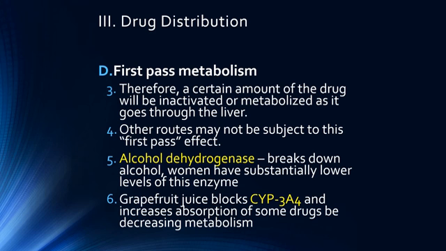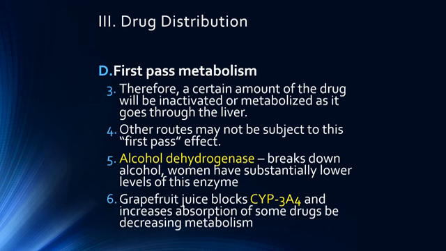So it will actually increase the absorption of some drugs and decrease their metabolism as a result. And what that ends up in is some drugs end up having a much higher effect or longer effect in people who eat grapefruit or consume grapefruit juice, because that enzyme has been blocked.